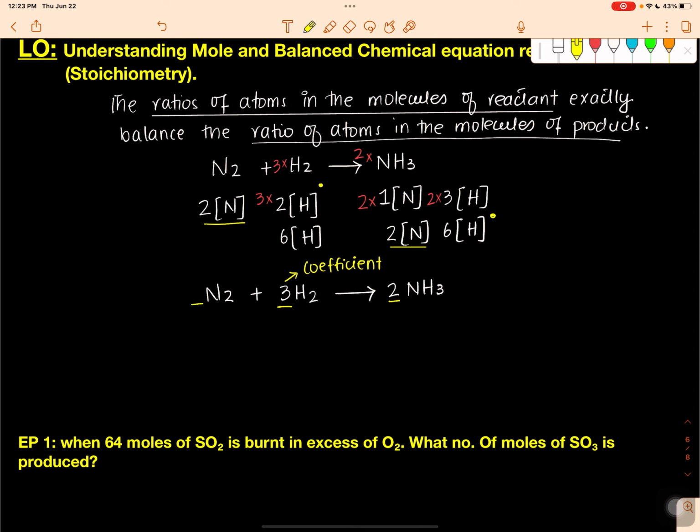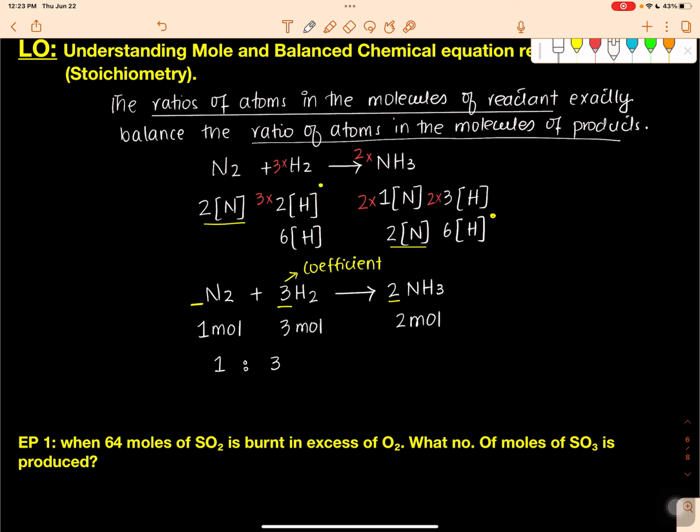When there is nothing written, they are considered as 1. So it says that 1 mole of nitrogen reacts with 3 moles of hydrogen, and it will produce 2 moles of ammonia.